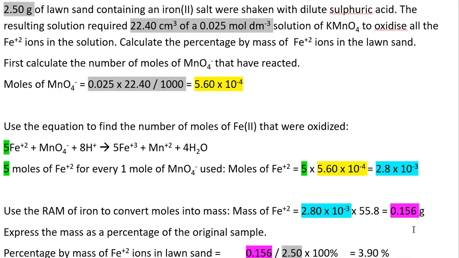That gives me 0.156 grams. Now, I've got my mass of iron 2 in the lawn sand, to express this as a percentage of the original sample. 0.156 grams of iron 2 out of, at the beginning of the question, 2.50 grams of lawn sand. Multiply by 100%, that's 3.9%.